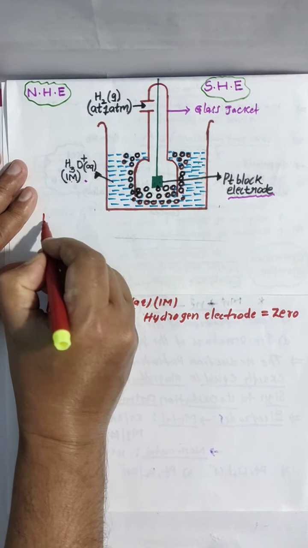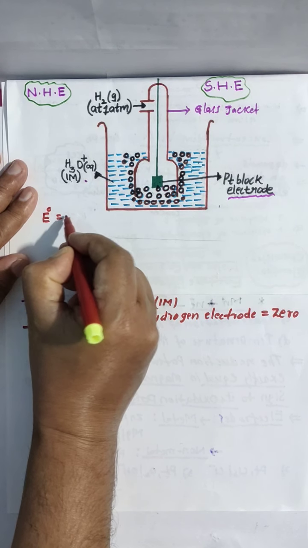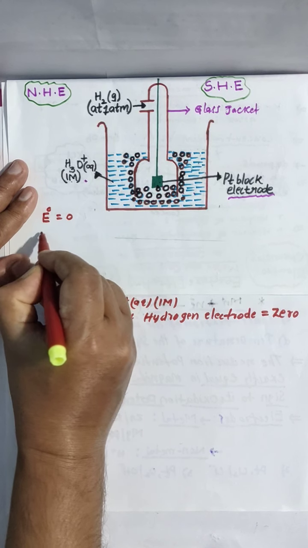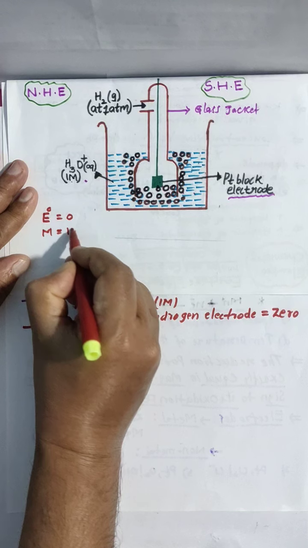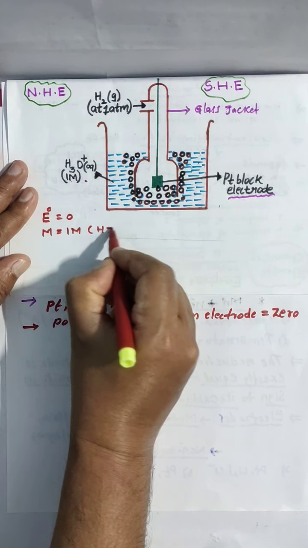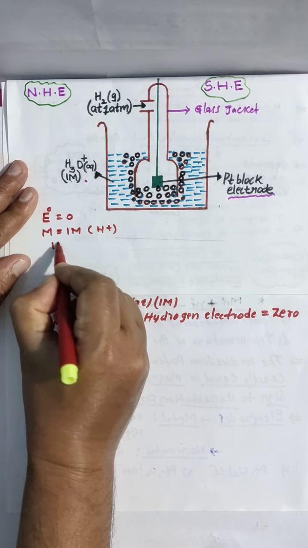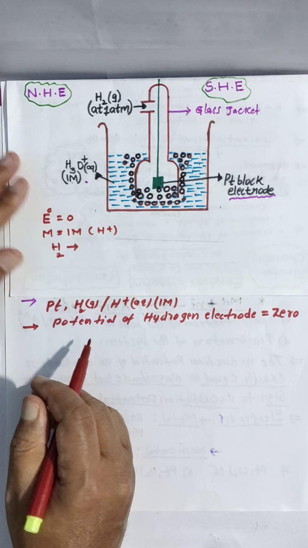So the electrode potential E0 at standard condition is always 0. The H plus concentration is 1 molar, and the gas we are using here is hydrogen gas.